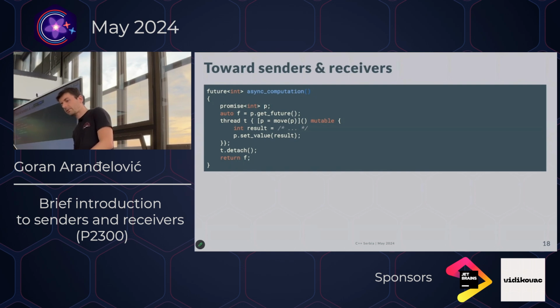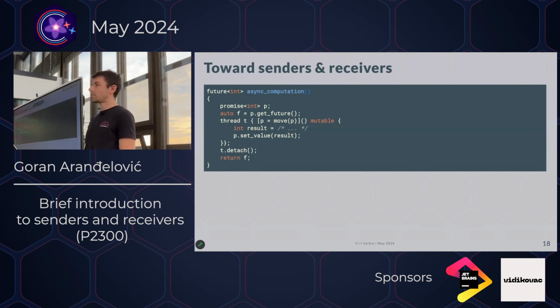You can have a promise. You can create a future from it, right? You can spawn some thread. It's not advisable that you detach it immediately after. Please don't do that in production code. But for the sake of the example, you can do that to do an async computation.